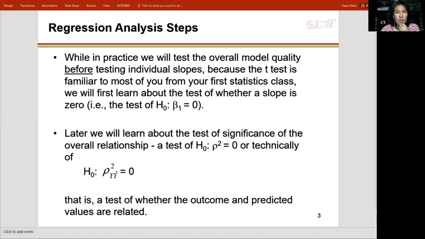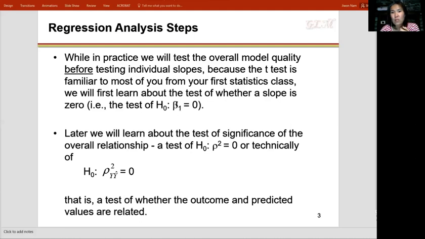In the parentheses here, the null hypothesis test, beta 1 equals 0. This is a typical null hypothesis for the individual slope test. Beta 1 is the individual slope in the population. Whenever you see a Greek letter, that is a parameter in the population.